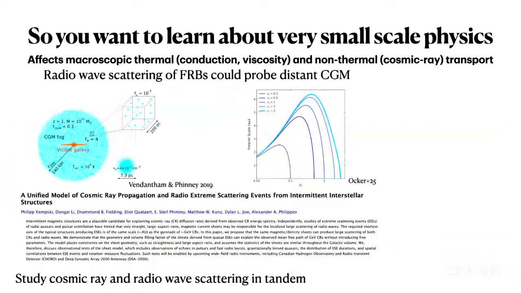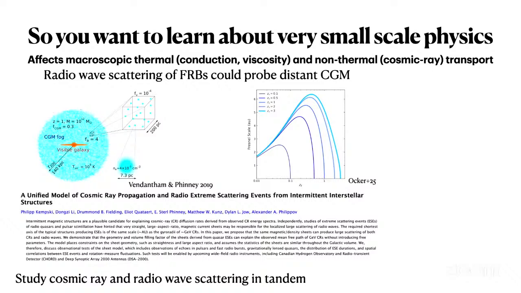And then another thing that you really care about is this realization that small scale physics can feed back up to larger scale physics. A prime example of that is transport coefficients, right? You have electrons random walking, that affects thermal conduction.